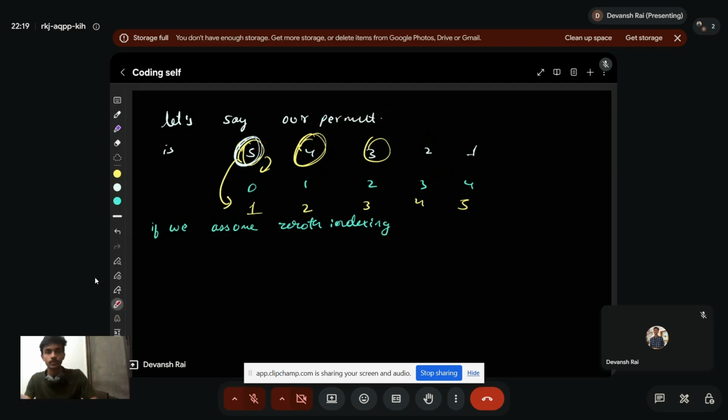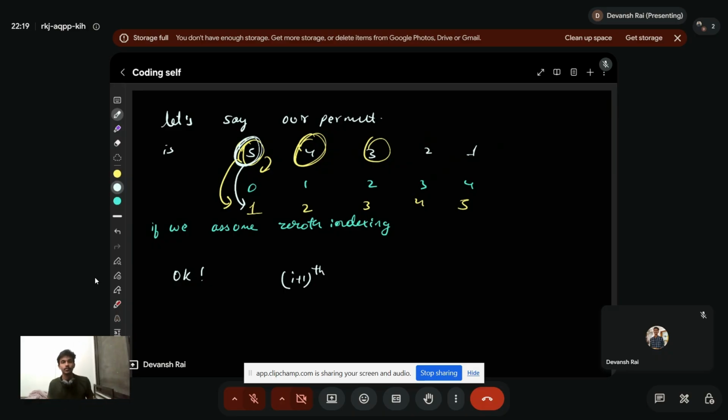In order to do so, we will take the i plus 1th index.